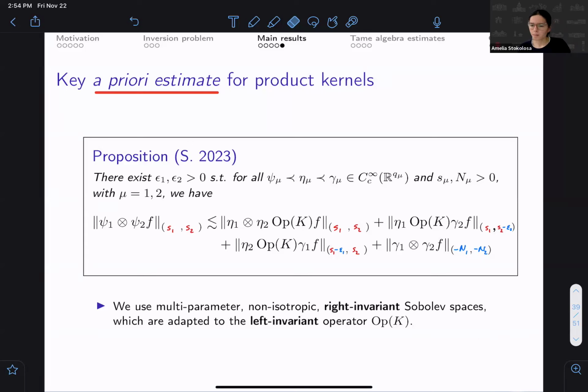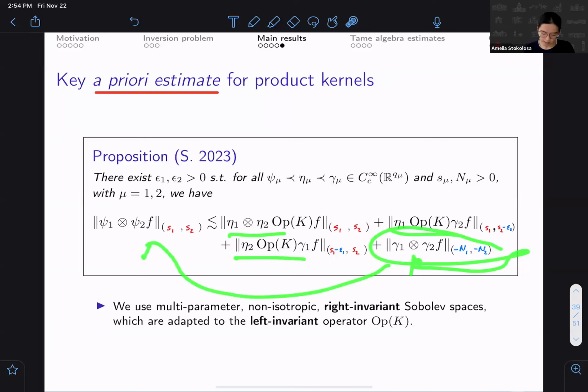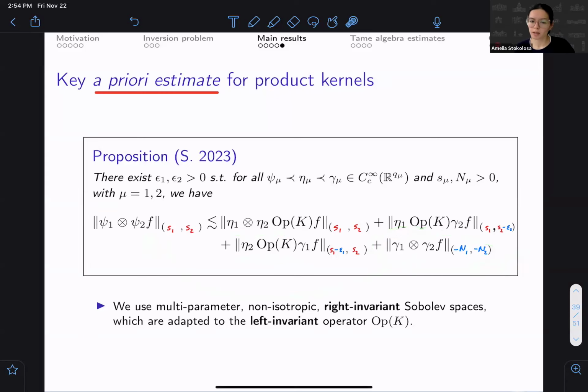You can plug in a distribution that's as rough as possible. And by introducing all these test functions, you obtain as much smoothing as you want. So S1 and S2 are positive numbers, and N1 and N2 are also positive numbers. So you can plug in something really, really rough and get an output that is as regular as you want.